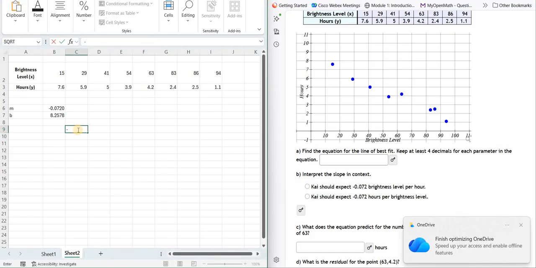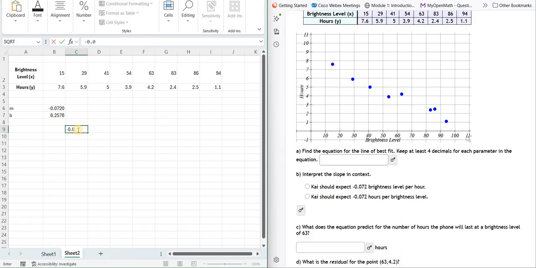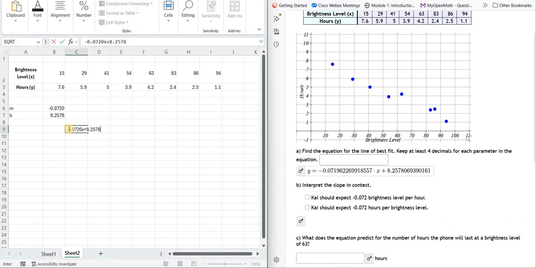So negative 0.0720 x plus 8.2578. And that is basically what I will type here. Oh, and do not forget to write the whole equation, y equals.